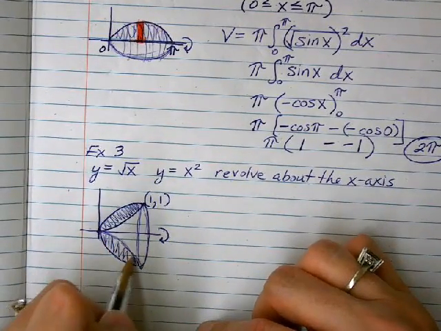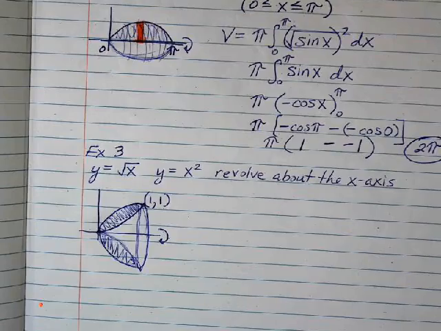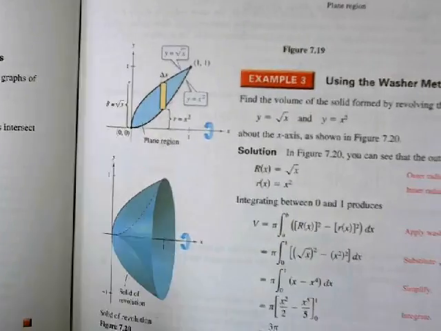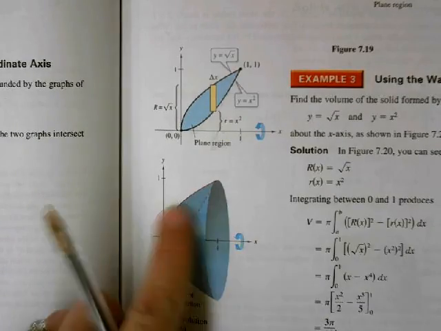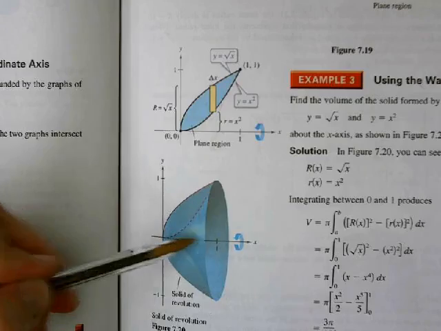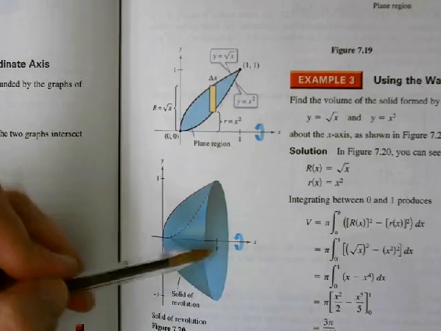It's rotating around. The book has a nice picture of it here. If you took that and rotated it around, it looks like this, and it is hollowed out in the middle, like a funnel.